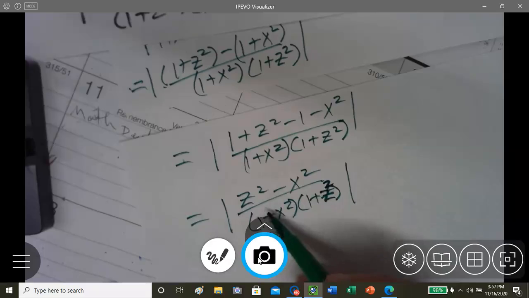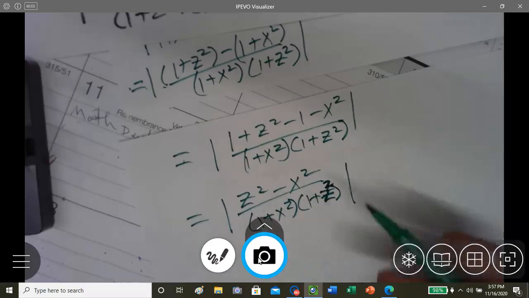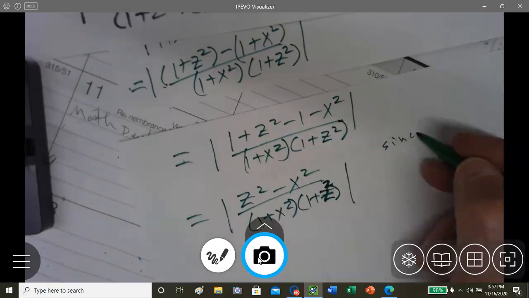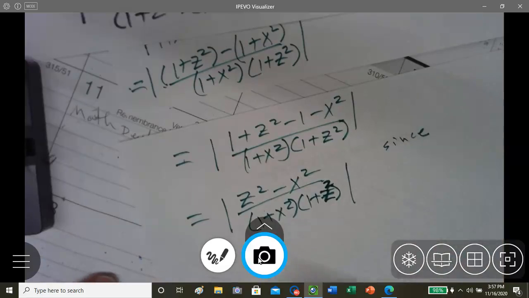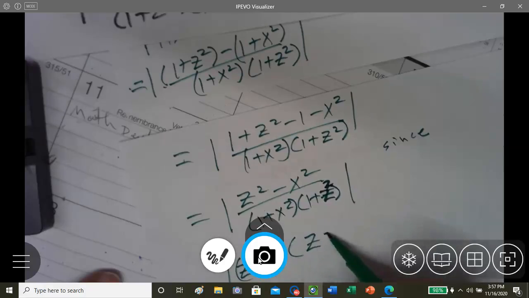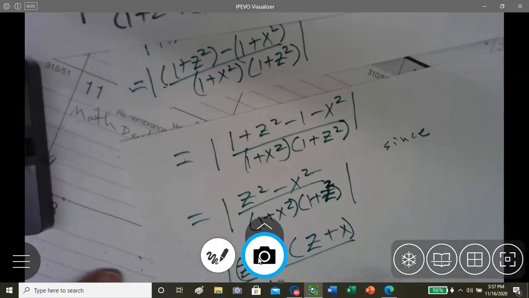Okay, so from there, we can factor, right? z minus x and z plus x over 1 plus x squared, 1 plus z squared.